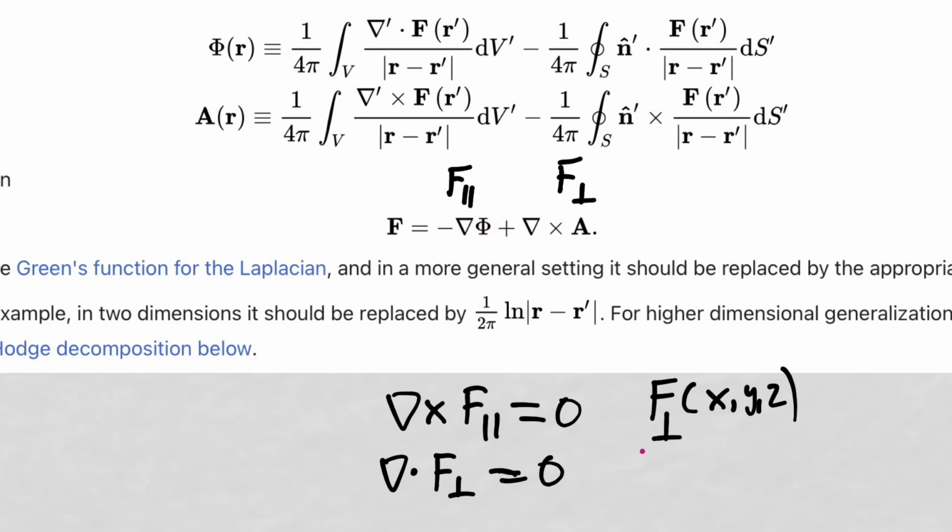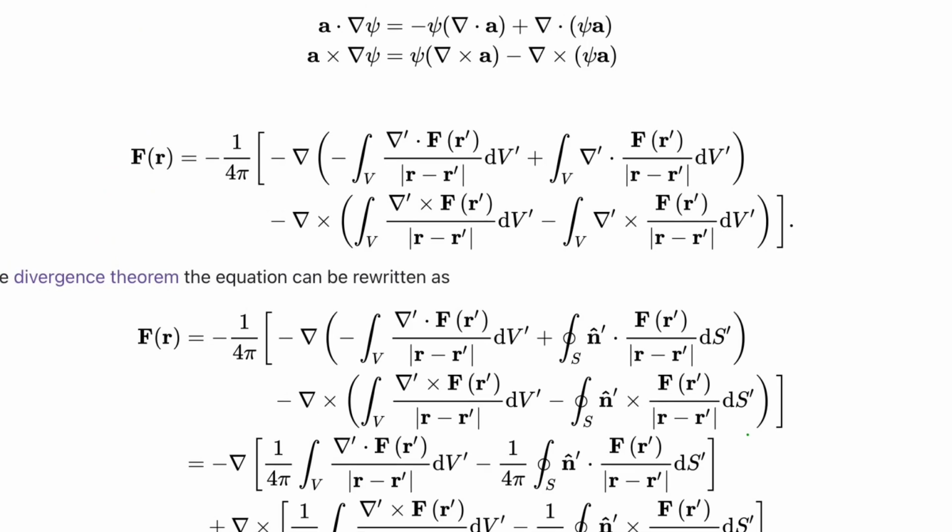And those two are bound together by this relation, in that if I take the curl of A and add it to the gradient of phi, I get f, right? And what I'm going to say is the curl of A is the transverse part of f, and the gradient of phi, or opposite the gradient of phi, is the longitudinal part of f. So that's the way to say it. You're looking for this pairing, right? They only make sense as a pair because the definition of this stuff is that it adds up to the original vector field. So I guess that's the best way to say it.